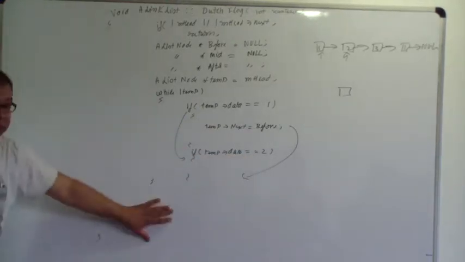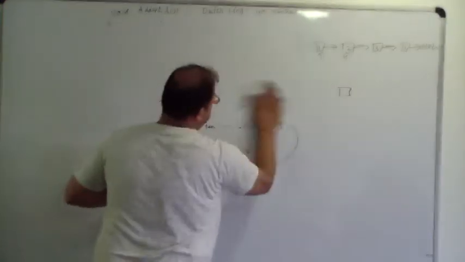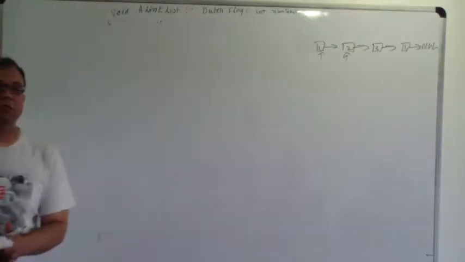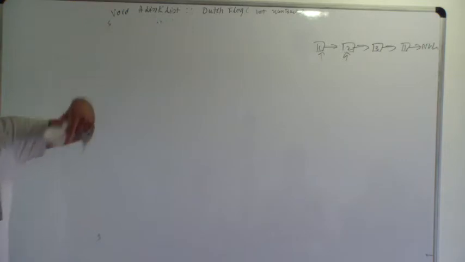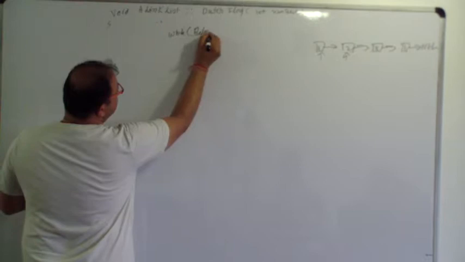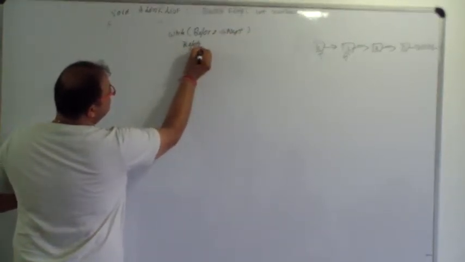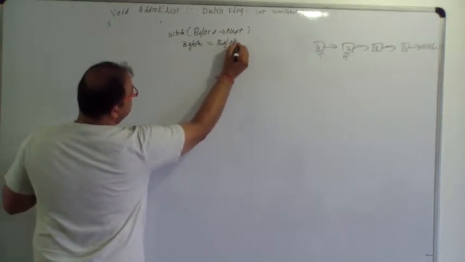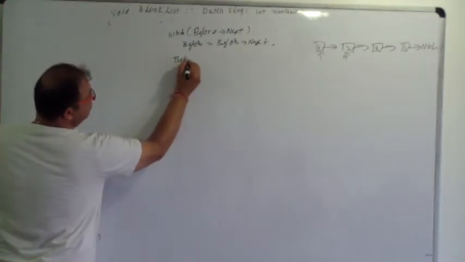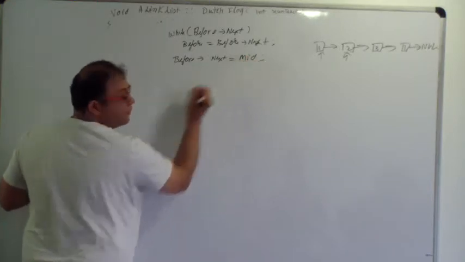Okay. But after this, you would have to write code for merging all these things. So you will do while before arrow next exists, before next, and then before arrow next is equal to mid.